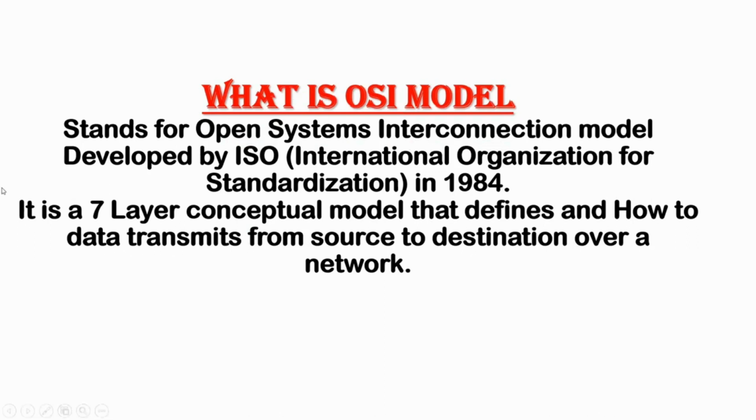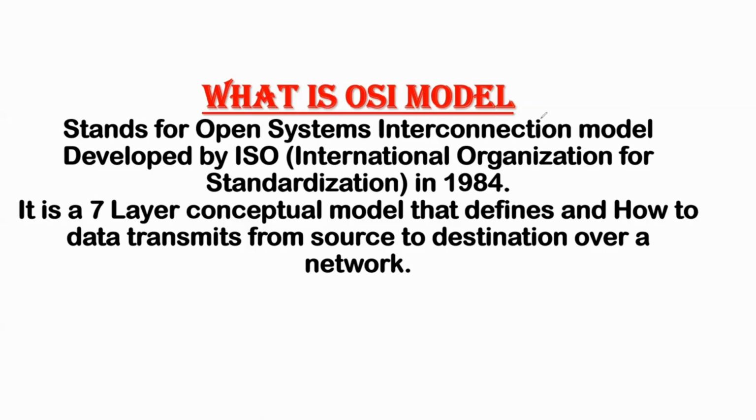The OSI model is only a 7-layer conceptual model. It is only a concept that defines how data is transmitted from source to destination. Suppose we have two systems connected in a network.